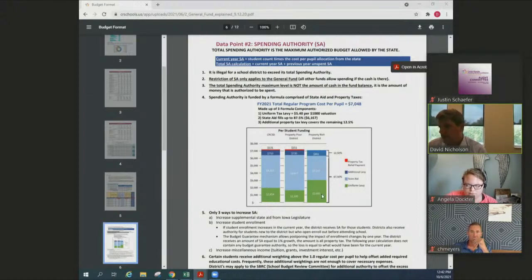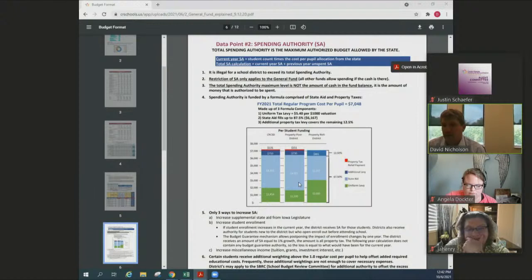A big property rich district would be like Osage. They don't have a ton of students. You have a lot of people there in the summer, and they have a lot of homes there, but during the regular school year the population drops significantly. But I would consider it a property rich district.